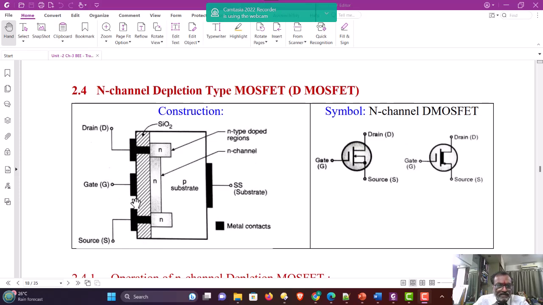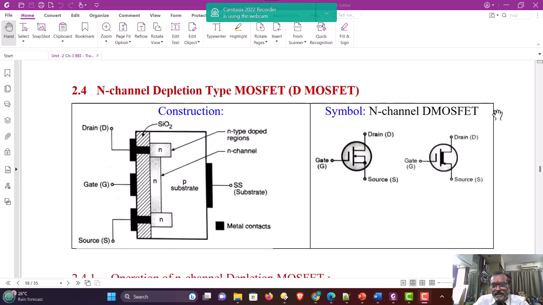The gate terminal is fabricated on the other side of the SiO2 layer and it is above the channel bar. This is in short the construction. The fourth terminal, which is the connection to the substrate, is called the SS terminal or substrate terminal.